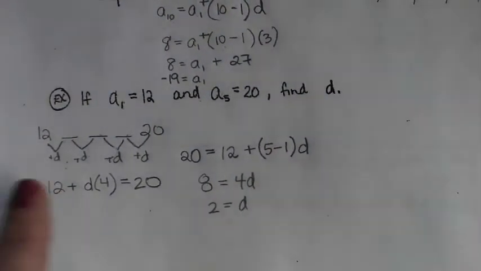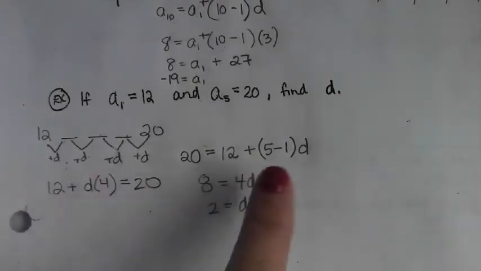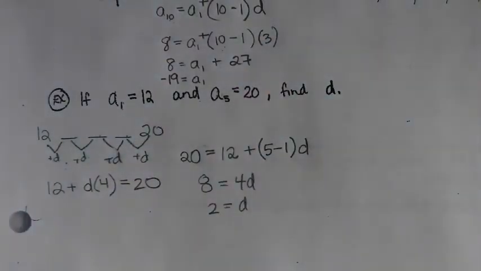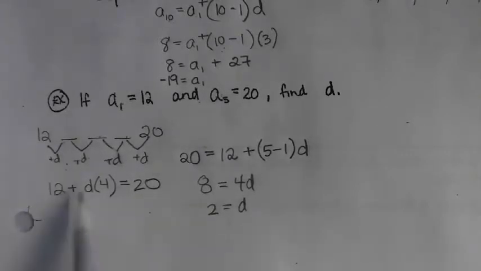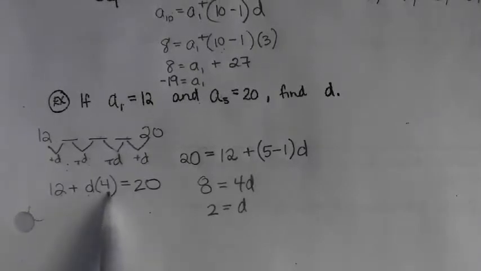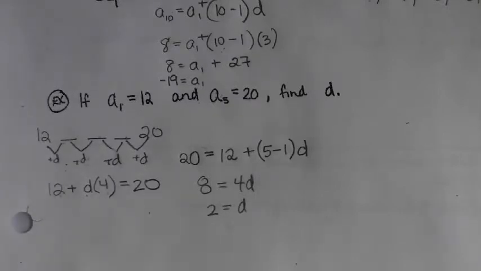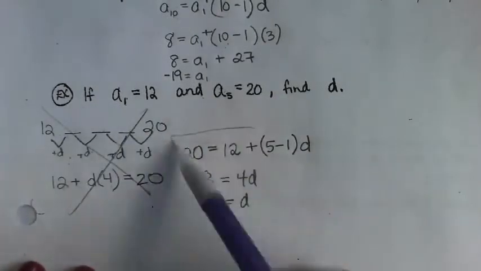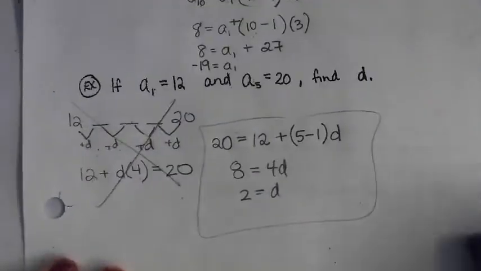And that, obviously arranged slightly differently, is exactly what our formula just had us do. We start with our first term, and we add the common difference on only 4 times if we're trying to get to the 5th term, which was 20. Okay? But you don't need to do that. The formula obviously is doing that work for us.